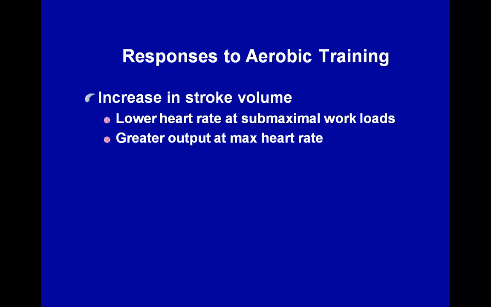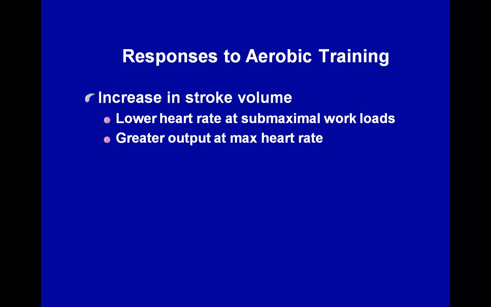Now, if you take me, well, 25 years ago, let's say, and got me on an aerobic training program, even though genetically I think I have the stroke volume of a gerbil, I would probably be able to increase my stroke volume through training. If I have a greater stroke volume, that means I can generate a cardiac output with a lower heart rate and bigger stroke volume.